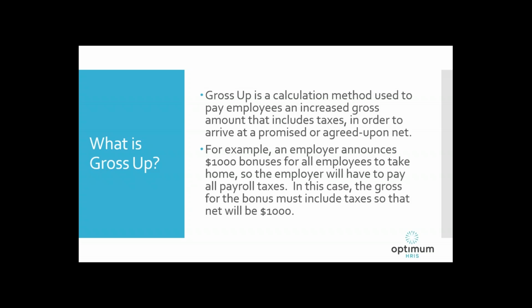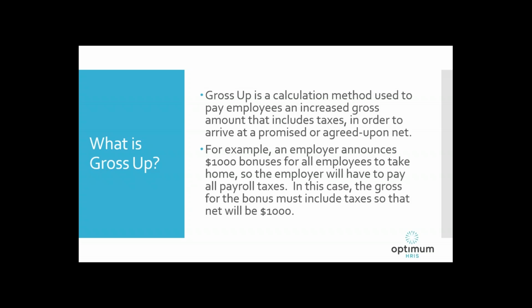Gross up is an IRS approved calculation method used to pay employees an increased gross amount that includes taxes in order to arrive at a promised or agreed upon net. And most often we think of gross up when paying a bonus.